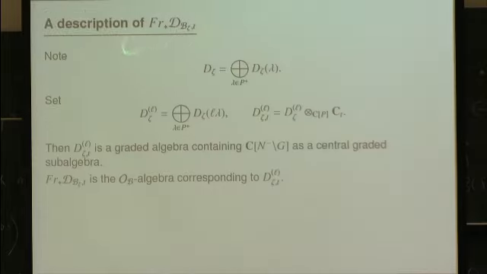In fact, this should be an O algebra on the ordinary flag manifold, and this can be described as follows. So D zeta was a graded ring, and I consider the part where the grading is L times some element.